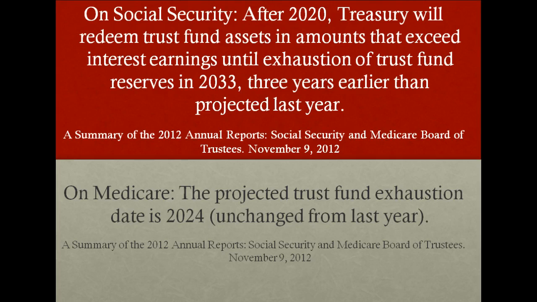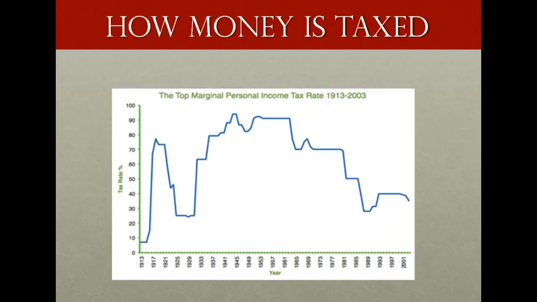And then finally, the reason why American citizens should consider life insurance as a strategy to build and grow tax-free assets is because of the historical top marginal income tax rates in our nation's history. On the screen, I have a graph depicting the top marginal personal income tax rate from 1913 to 2003.